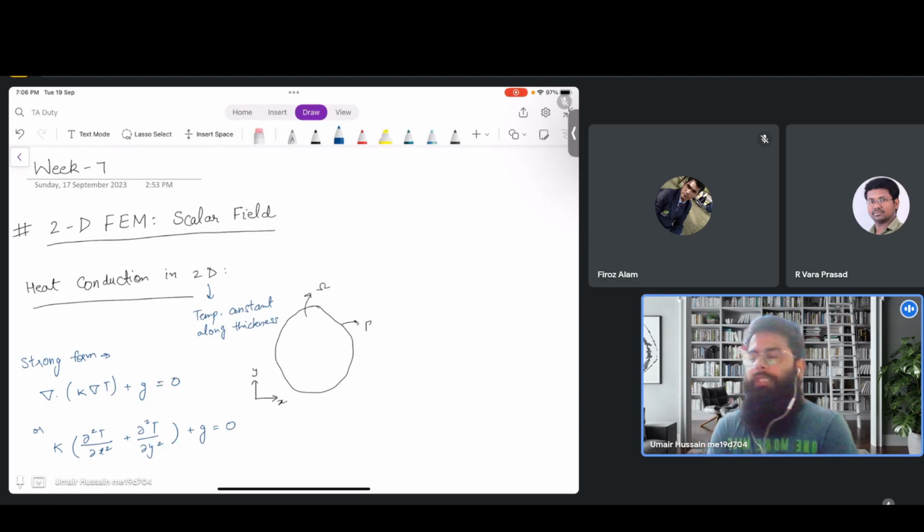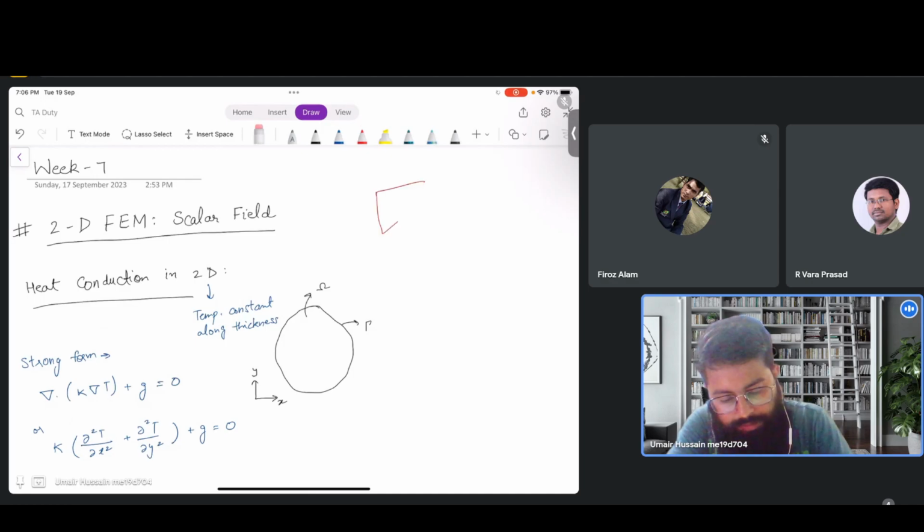In scalar field problems, we define only a single unknown or single dependent variable. We solve for only one dependent variable in the entire domain. We take some grid points, so we have some mesh, and we have different nodes here.